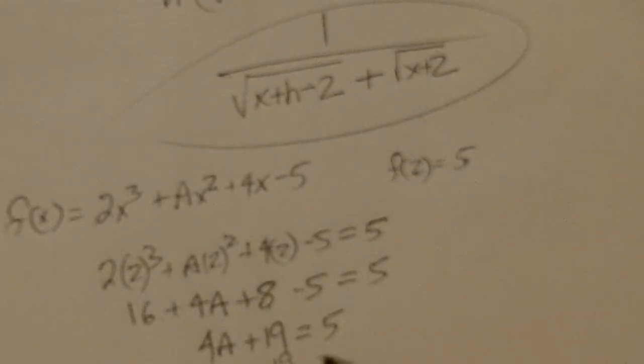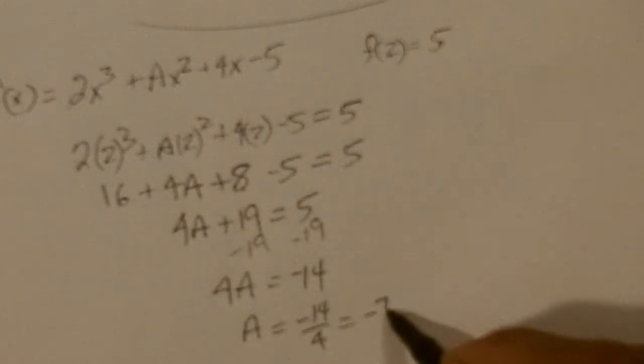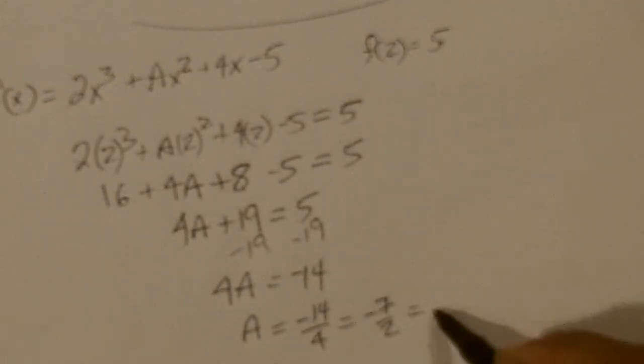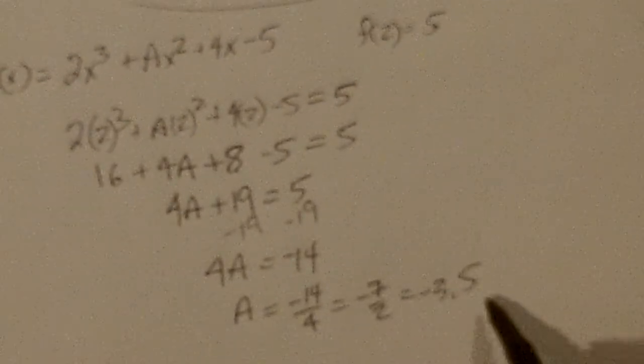Subtract 19. 4a equals negative 14, divided by 4, and a equals negative 14 fourths, which is negative 7 halves, or negative 3.5.